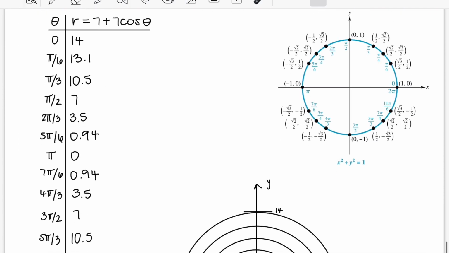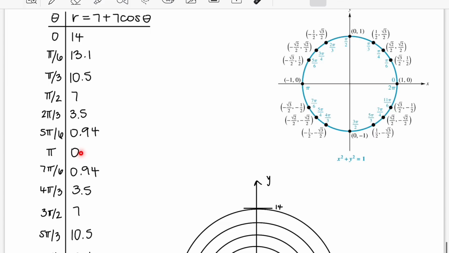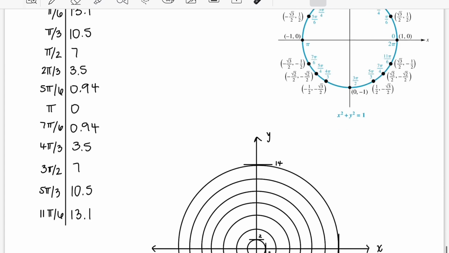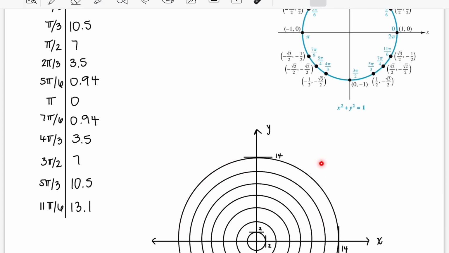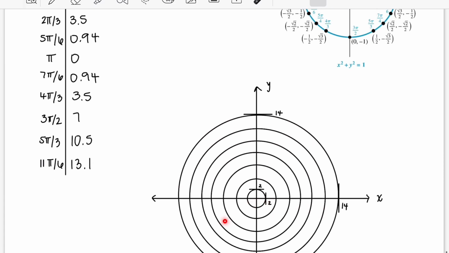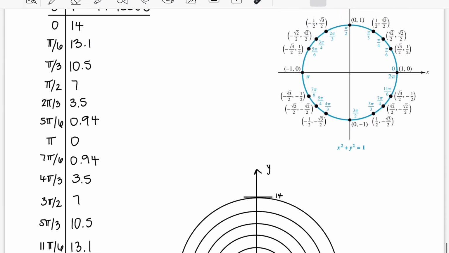So plugging in a bunch of values for theta to see what r is, we get this here. Now notice a pattern does appear. After pi, we start to see repeated values. So it looks like this side of our x-axis here is going to be reflected on this side of our x-axis. So what we'll do here is we'll plot these points and then see what type of figure appears.